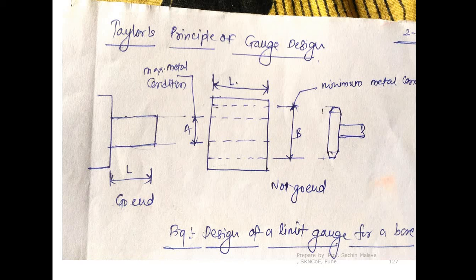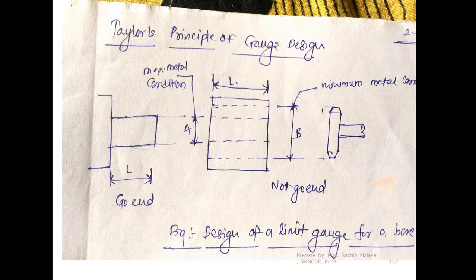But according to Taylor, you have to design the go end of the gauge in such a way that it covers the entire surface to be tested.